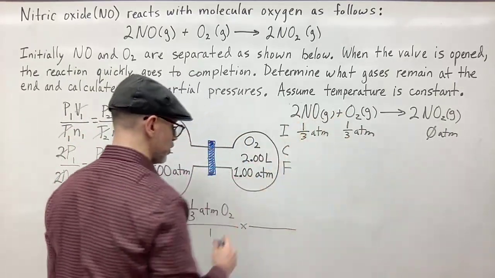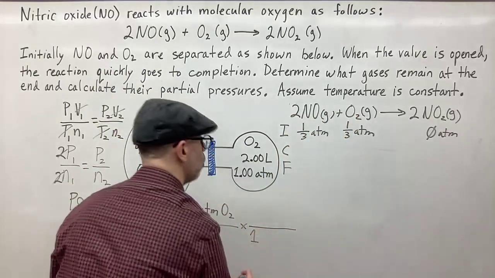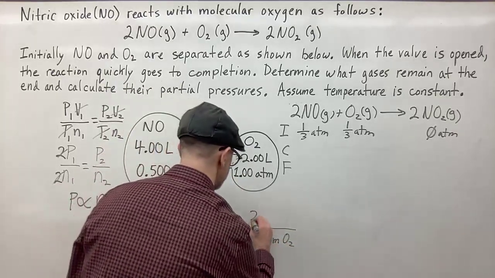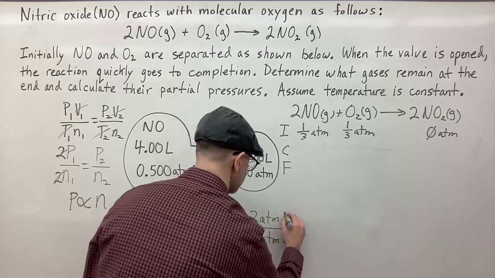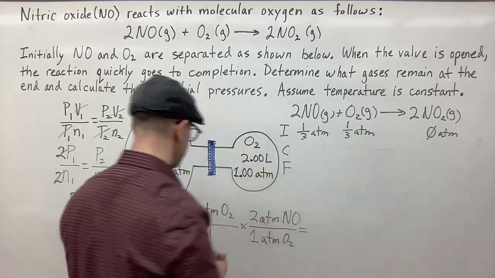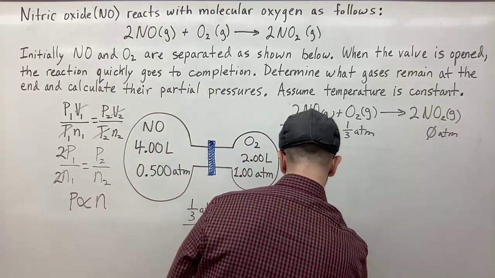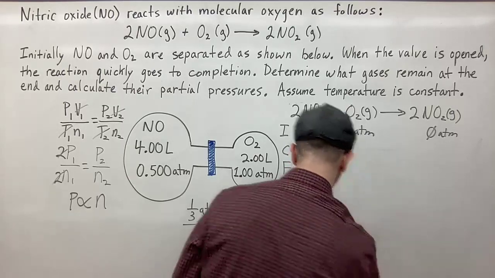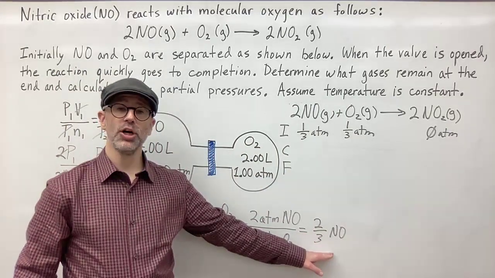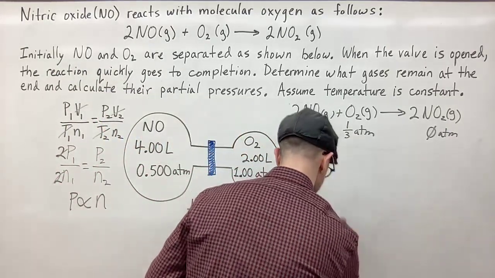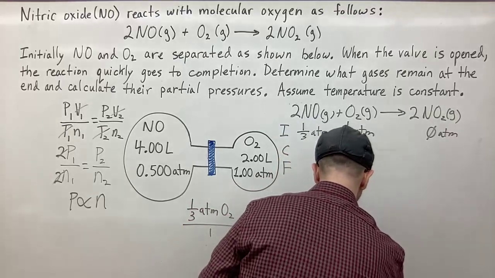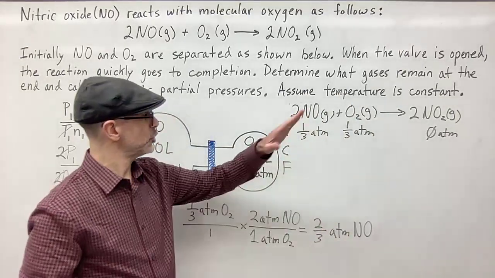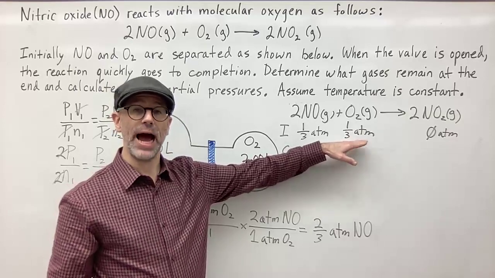Since it's a 1:2 ratio, that means that for 1 atmosphere of oxygen, I need 2 atmospheres of NO. And when I calculate this, I get 2/3 atmospheres of NO. So this is the amount of NO that I need to react completely with 1/3 atmospheres of O2.